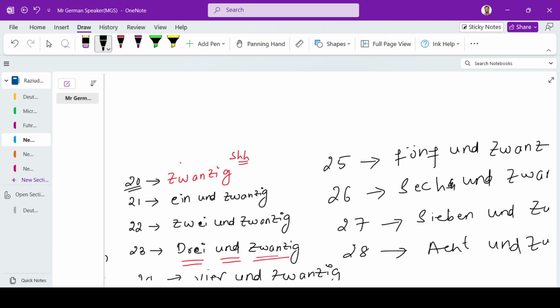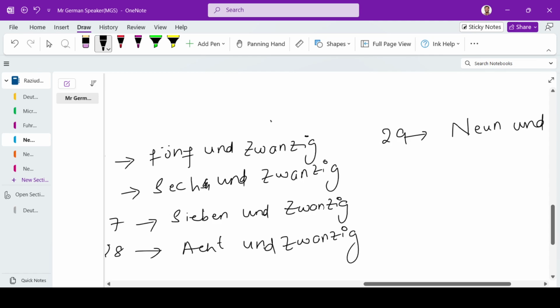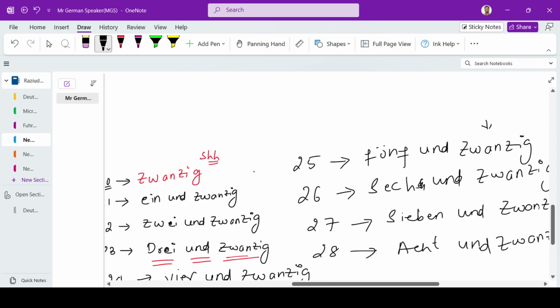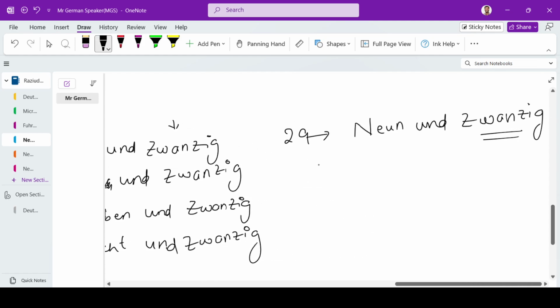So we just write 1 and 20, 2 and 20, 3 and 20, 4 and 20. This is how the German number system is. What you have to remember is that 20 comes in all the numbers between 21 and 29, and it also has the actual number you want to add. For example, 5 plus 20 will be 25. So it's very easy. Actually, the German number system is very easy. Once you start writing and practicing it, you will feel it's very easy to remember.